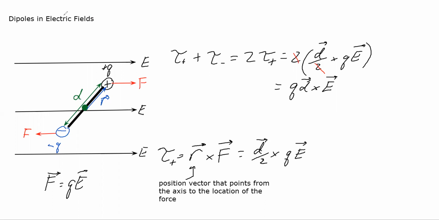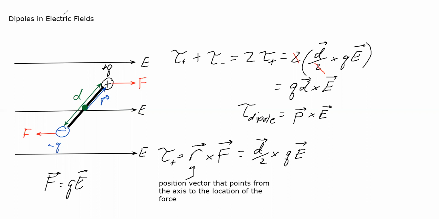We defined that in an earlier video. So the total torque on the dipole, on the positive and negative charge together, is my dipole moment p cross product E. Okay, so that's the torque on a dipole moment.